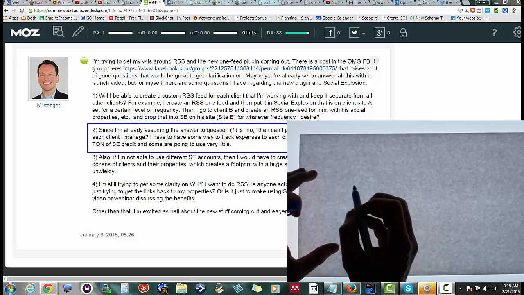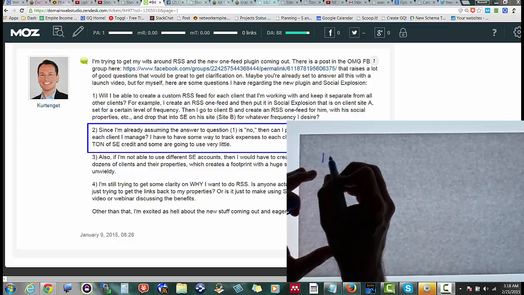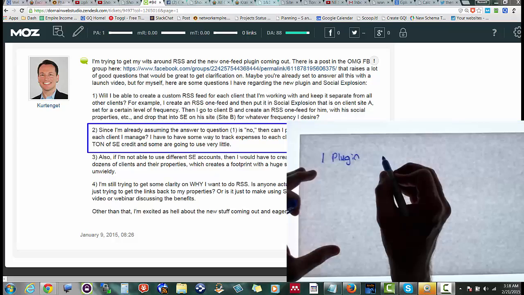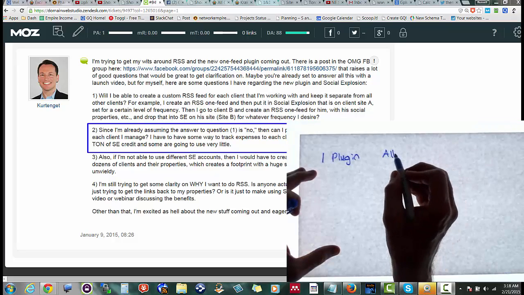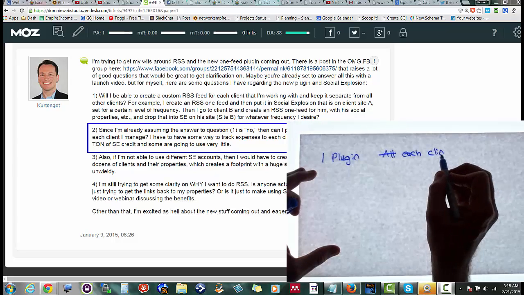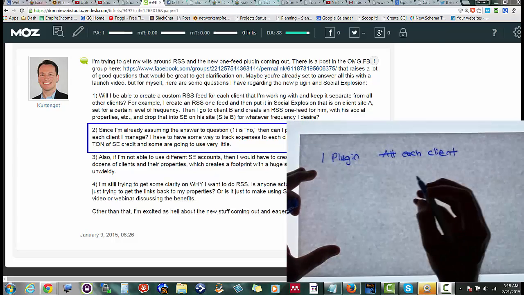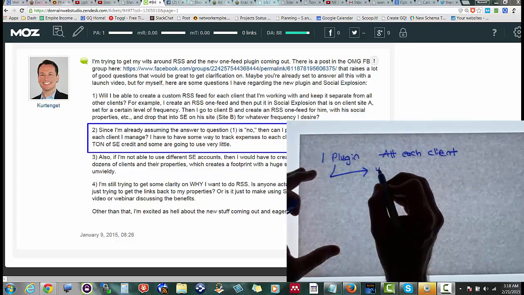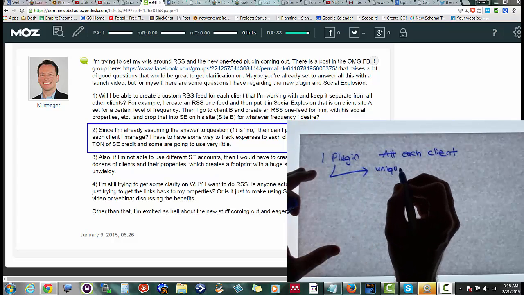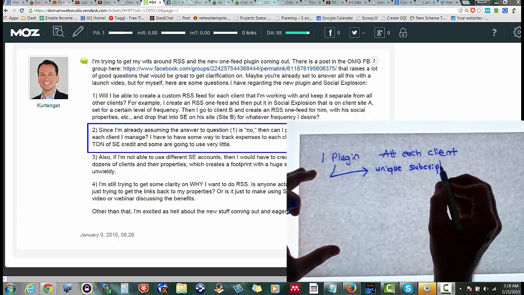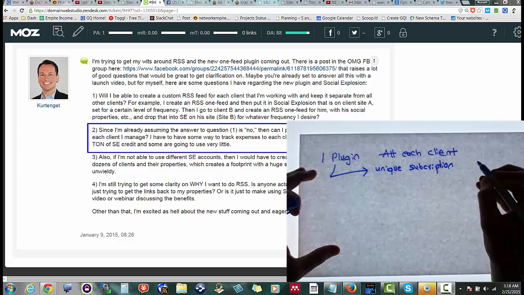When I'm working with my clients, I have one Social Explosion plugin for each client. So what that means is I purchase one plugin, and then I have a unique subscription of credits for each client.